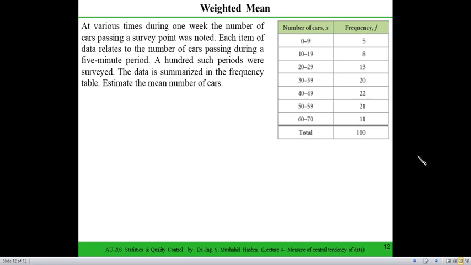Another way: sometimes the data is grouped into different groups. For example, in a survey at a particular point, you are observing how many cars are passing in a 5-minute period.